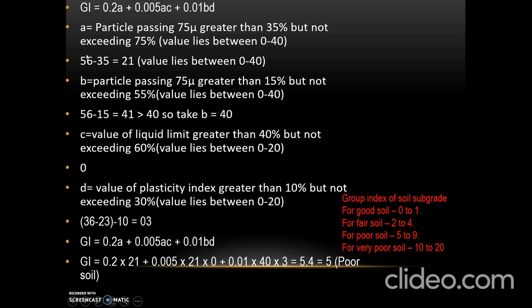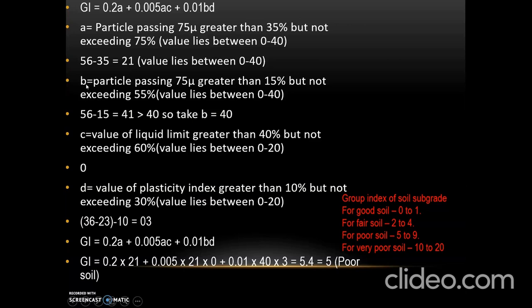In the problem, the percentage passing through 75 micron is given as 56. To find the value of A, we know the formula, that is F minus 35. Here F is 56, so 56 minus 35 will give us the value of A as 21. Now we have to check whether this 21 lies within the range 0 to 40. Since it lies within the range 0 to 40, we can take A as 21.